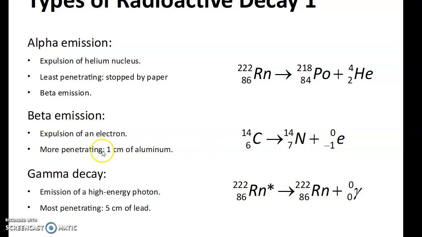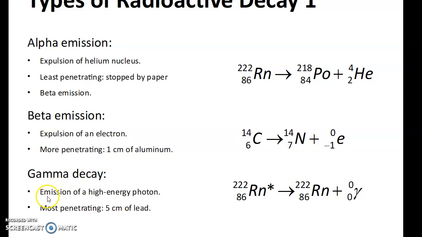And this right here will penetrate 1 centimeter of aluminum. So 1 centimeter of aluminum is not very dense. It doesn't take very much to stop this. If you have a thick pad of paper, it will stop this.